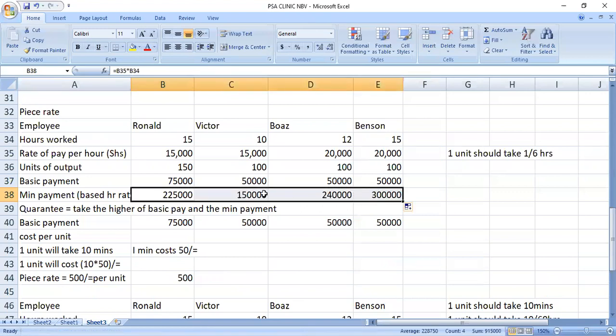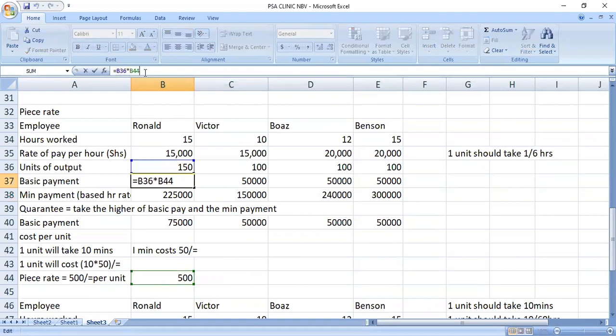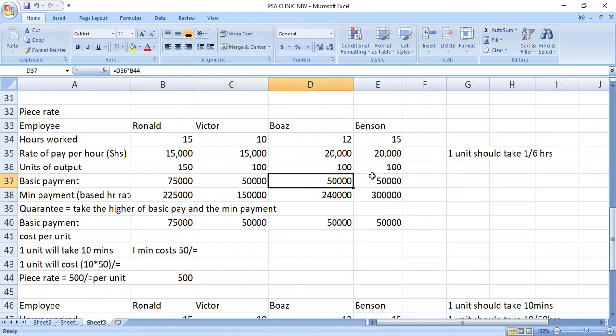So that is what they have worked, for the rate and for the output. Let me give it maybe 20%, but I think this is too much.